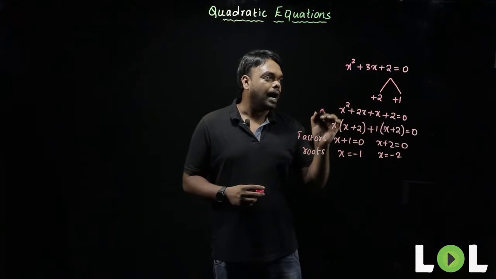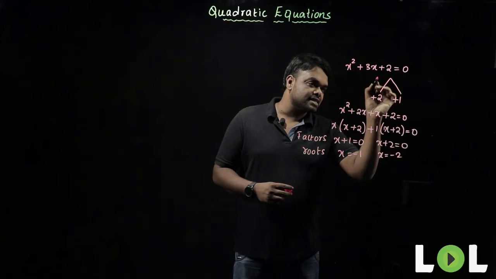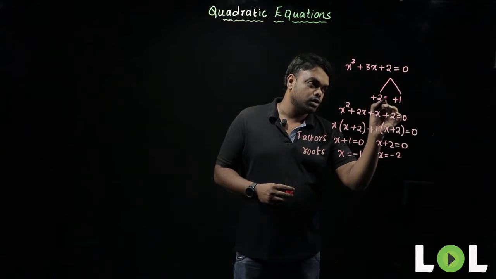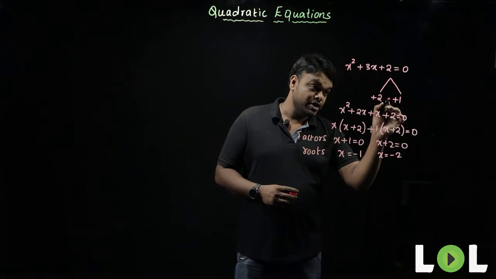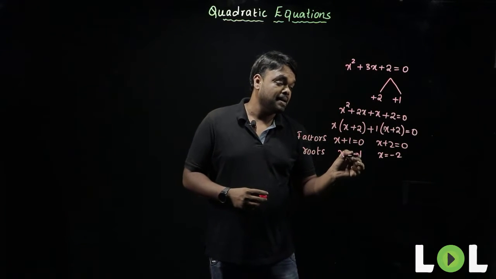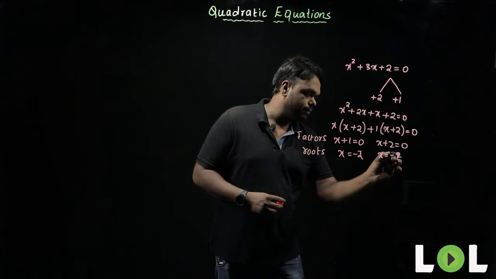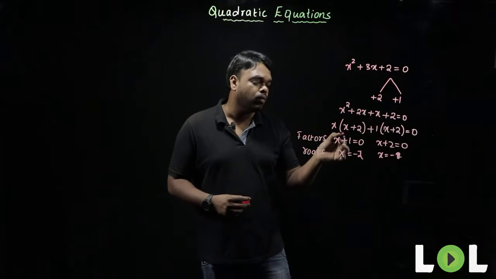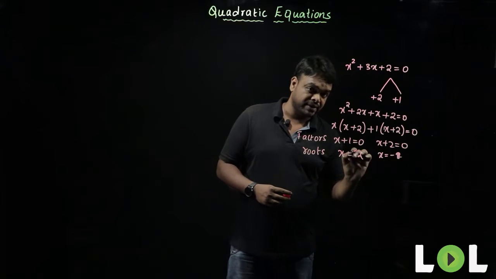When you observe this carefully, what is happening? 2, I wrote as a product of two numbers, 2 into 1, plus 2 plus 1. Now, if I have plus 2 plus 1 here, I'll be getting roots as minus 2 minus 1. Let me write it in proper order. We will take the bigger one on the left hand side and the small one at the right hand side. Only the magnitude, forget the sign.